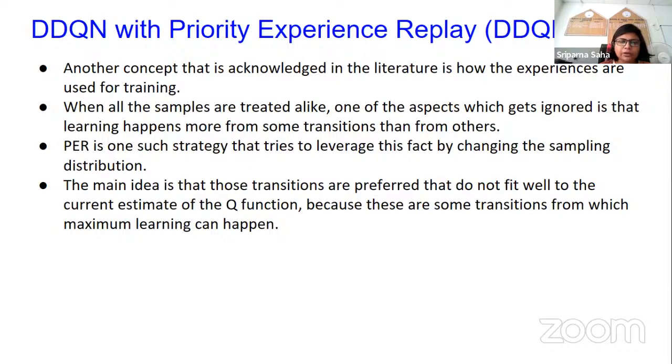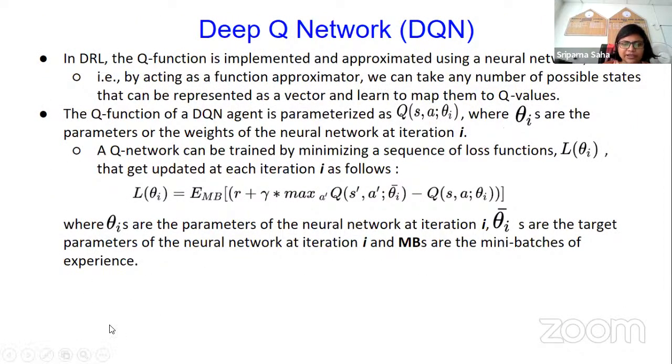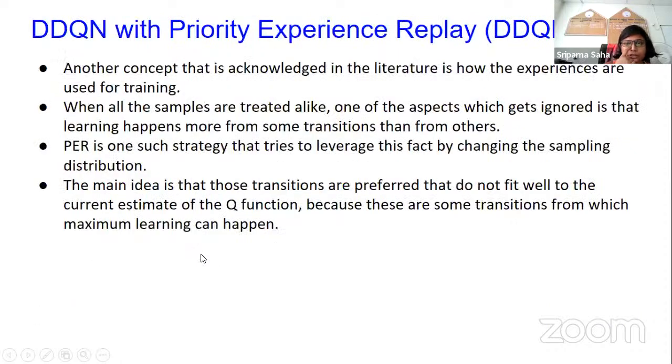So, in this prioritized experience replay, we are not considering all the samples. So here you have seen that there is a mini batch, so a set of utterances are used for training the network. Another concept that is acknowledged in the literature is how the experiences are used for training.